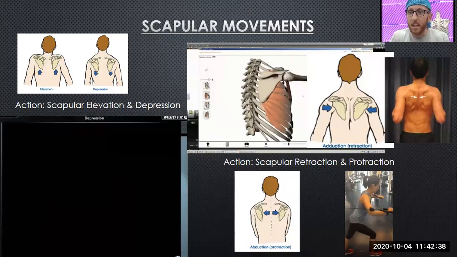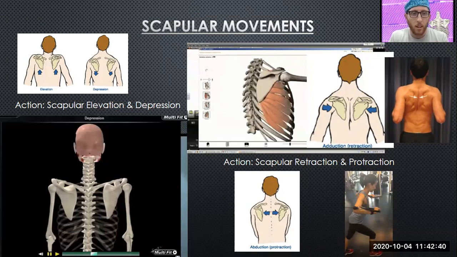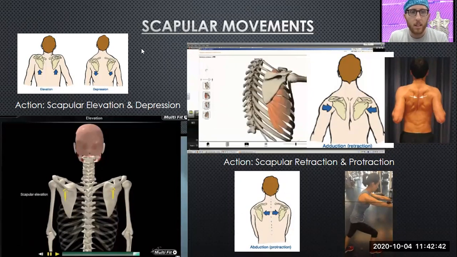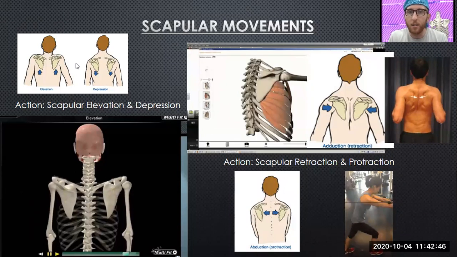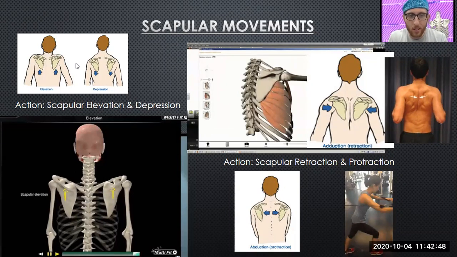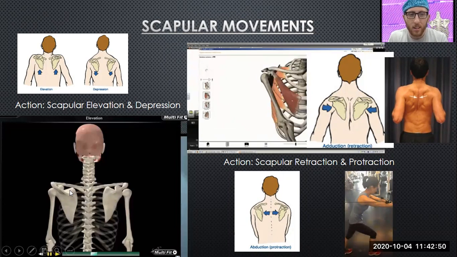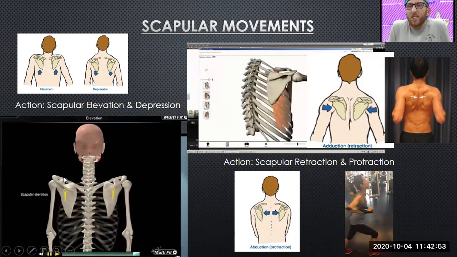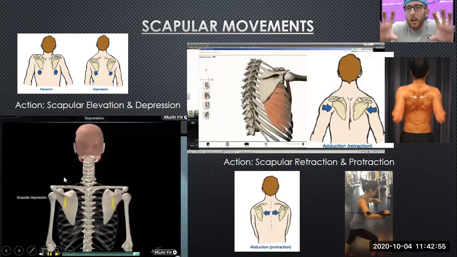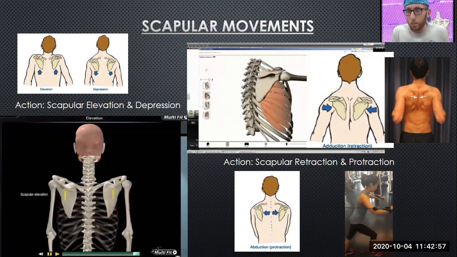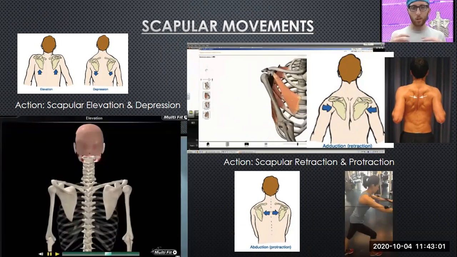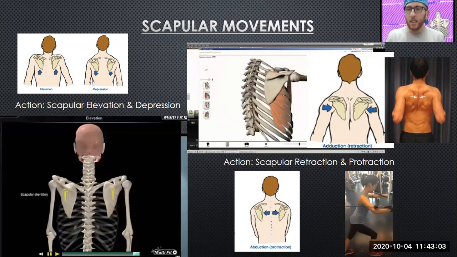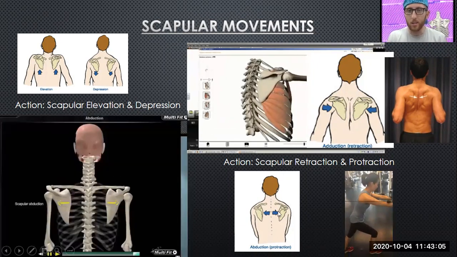Actually, 6 different actions to be complete. If you look over here, you can see the scapular elevation and depression. And I've got a couple of videos showing you elevation, like shrugging your shoulders. The scapula move upwards or more superior.